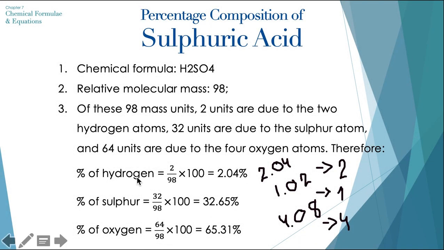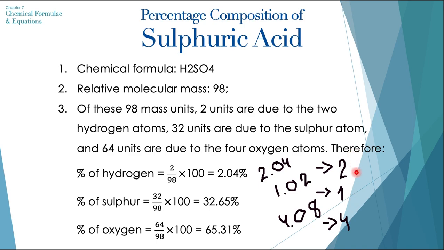I divided hydrogen's 2.04 by 1.02 and I got 2. I divided 4.08 by 1.02 and I got 4. As you can see, they're whole numbers. And when I divide 1.02 by 1.02, I got 1. So this is the simplest ratio of H2SO4.